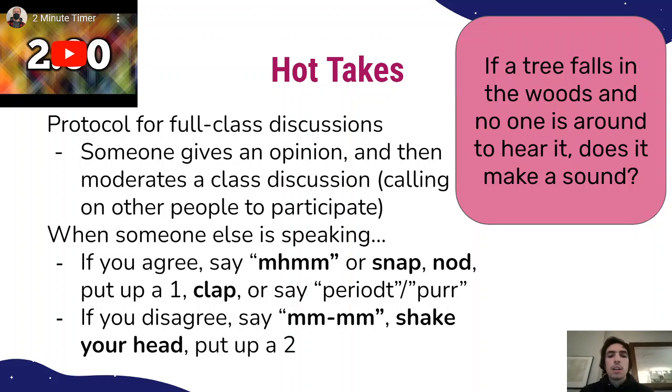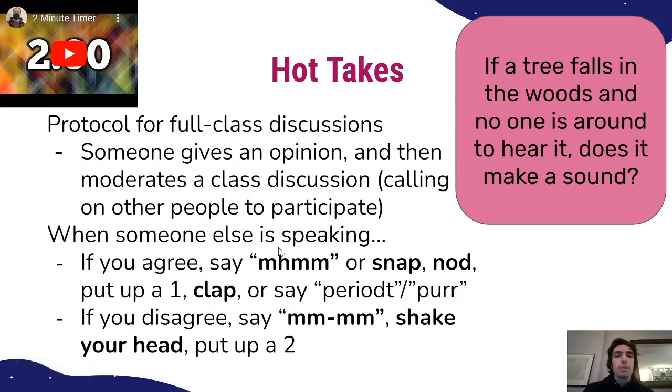So the whole point of this hot takes procedure is for students to have ways to channel their energy positively, reinforcing active listening and not cutting off, and really trying to build on each other's ideas rather than speaking over or just to a small section of class.